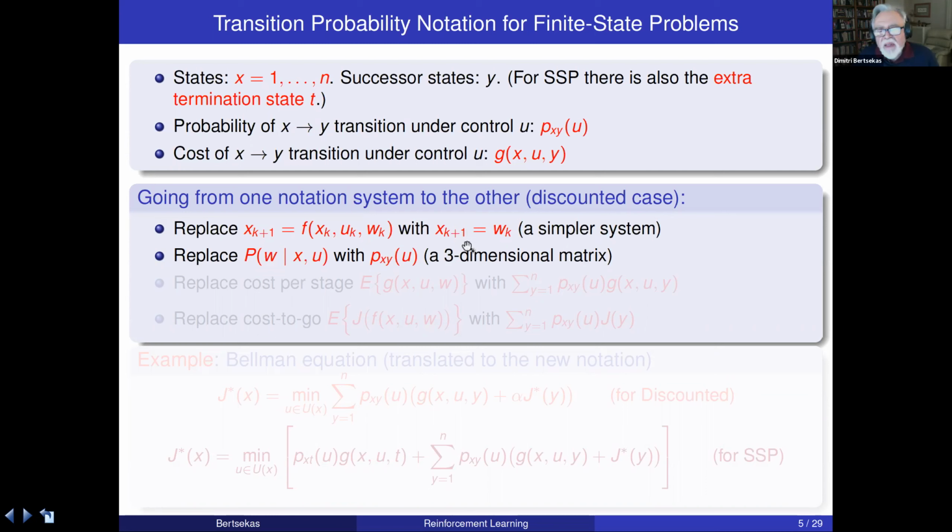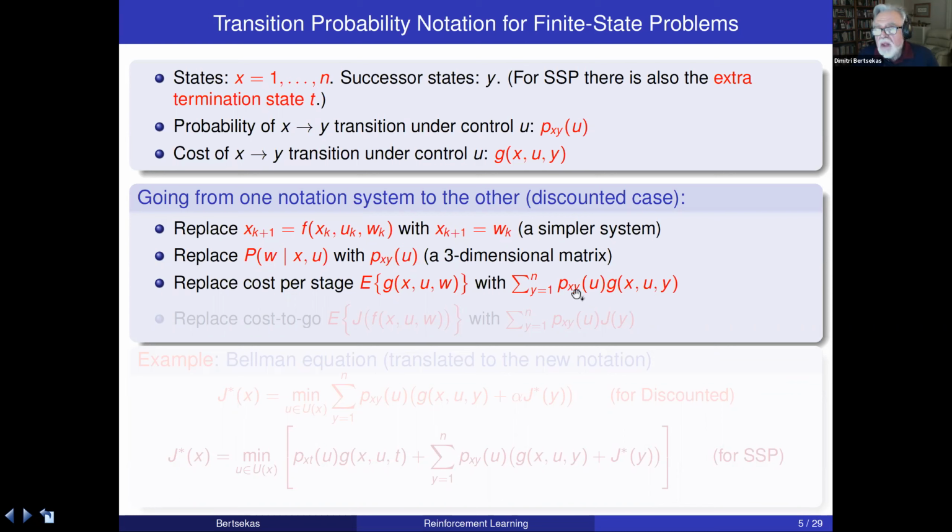Now, given this insight here, how do we pass from formulas in one notational system to the other? Well, the expected cost per stage that we had before in our formulas is replaced by this expression, the expected cost of the transition, starting at x and using u as our control.